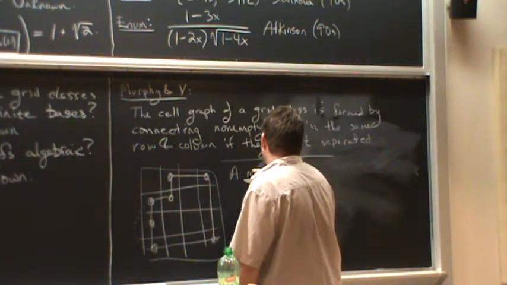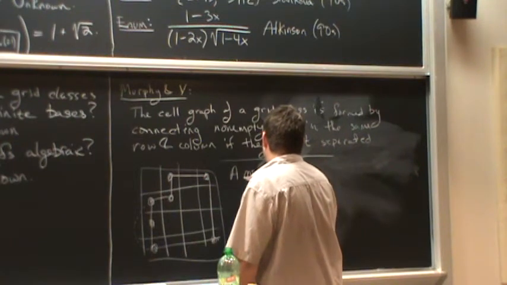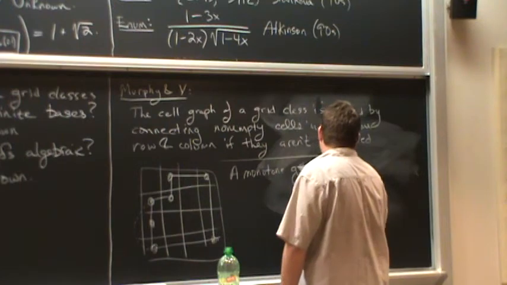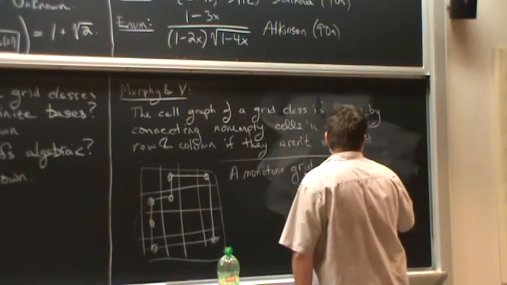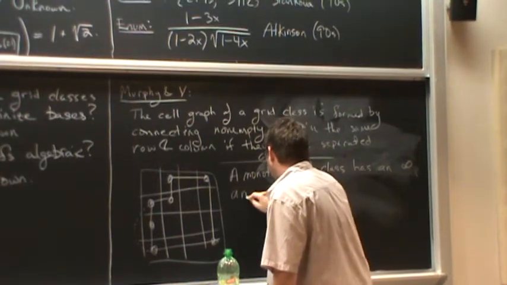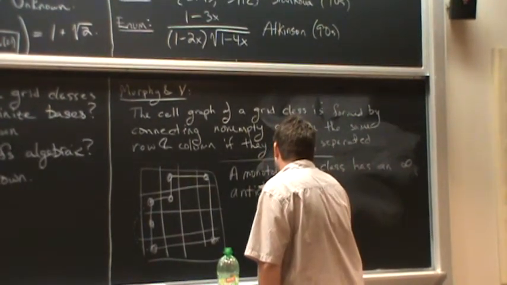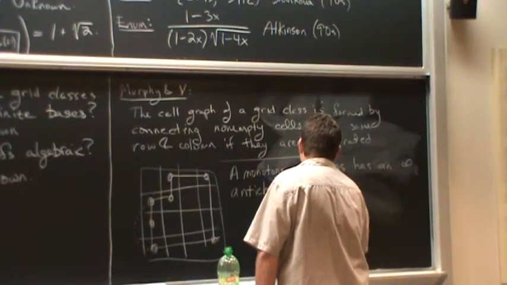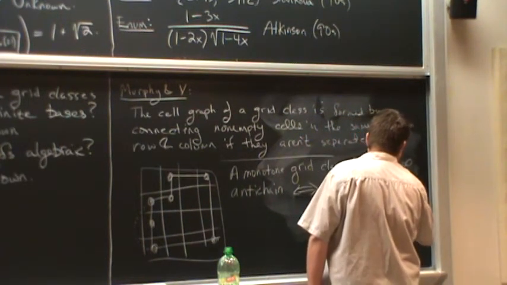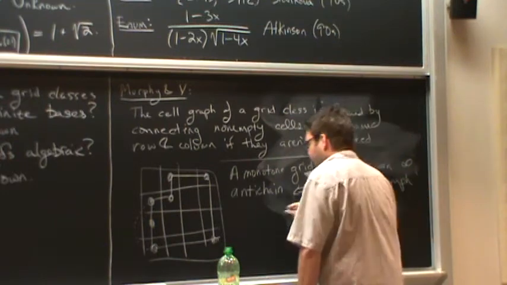a monotone grid class has an infinite anti-chain if and only if its cell graph has a cycle.